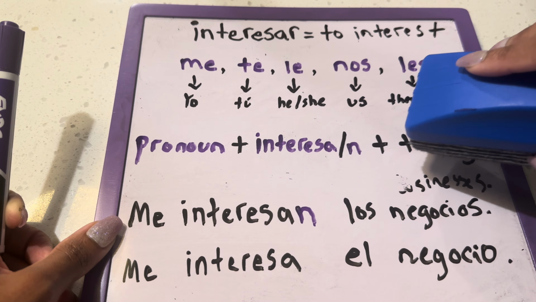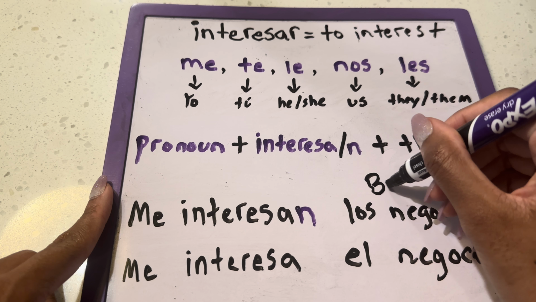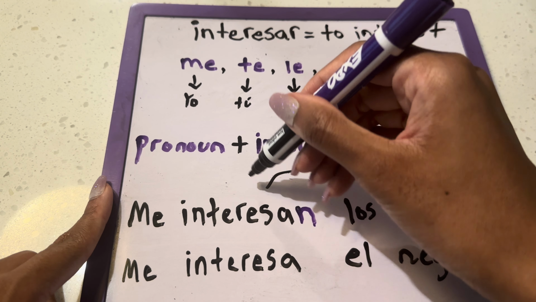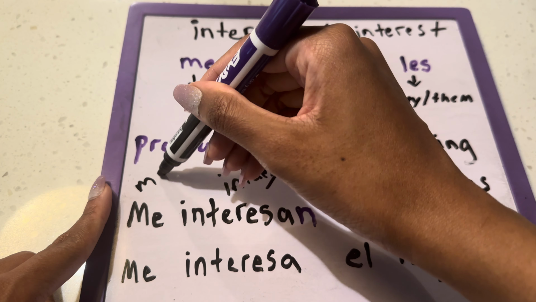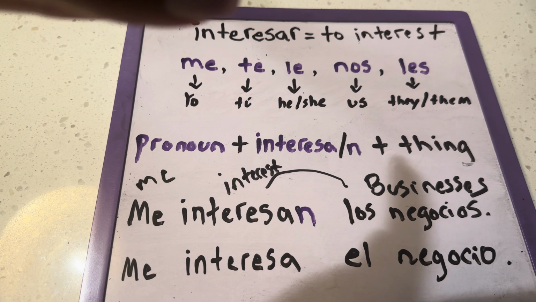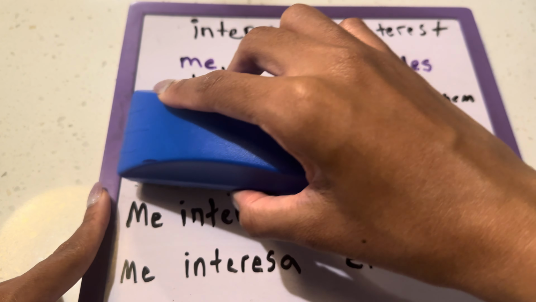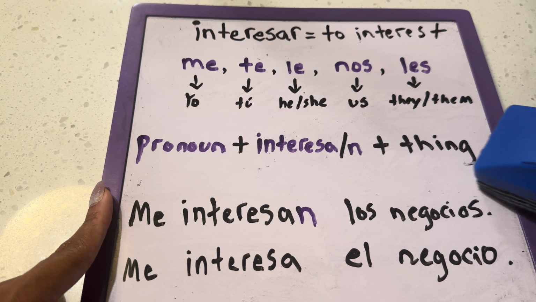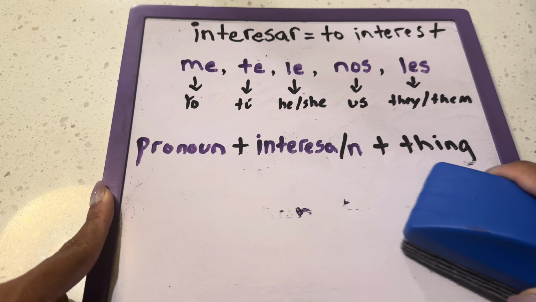So it would be more like businesses interest me. So yeah, businesses interest me. Me interesan los negocios. So no matter how you say it, it comes down to the same meaning. I'm interested in businesses. All right. So that's how we would say that. All right. Now, let's do some other examples.